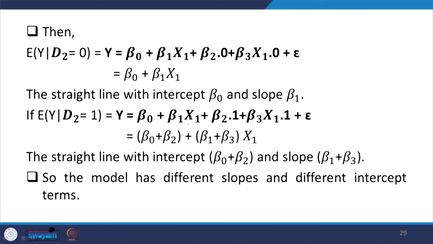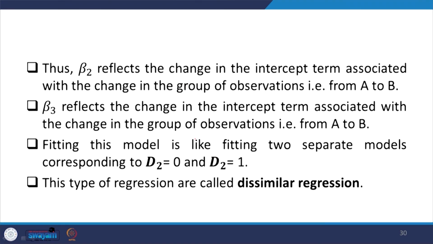When it is 0, we again get the same expected equation, but when it is 1, there is a change in the slope coefficient also. So our two regression lines are going to be different and they are not going to be parallel. That is the reason why these are called dissimilar regression models.